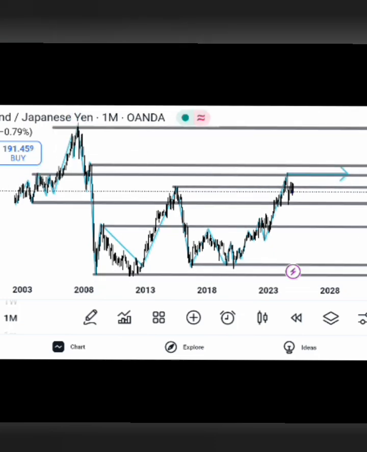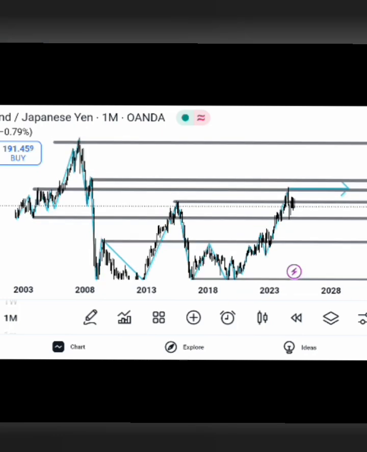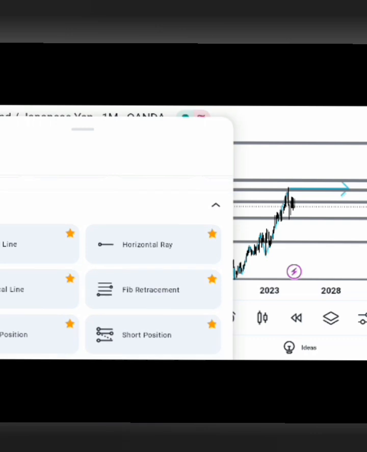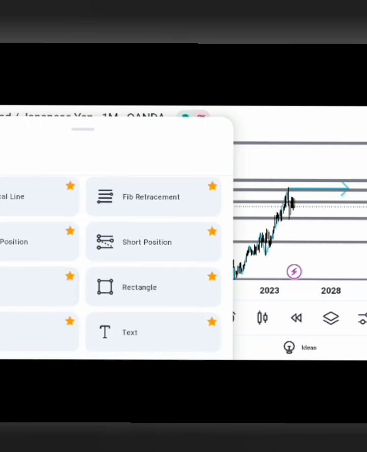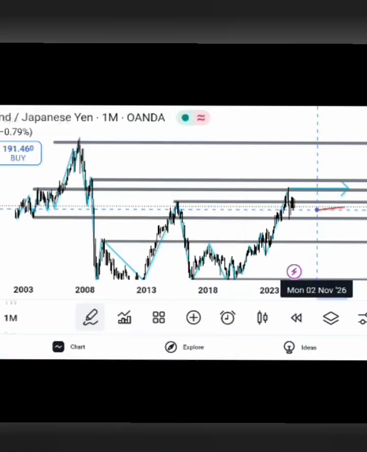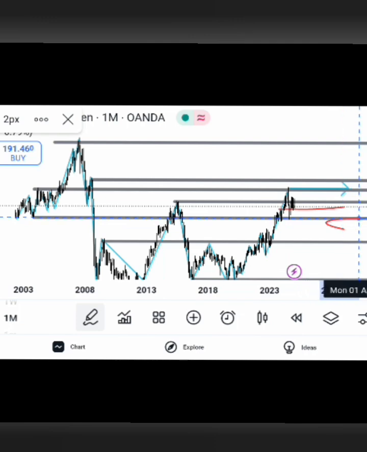So now from this analysis, what can you see? Let's start from here. Let me use the brush. Oh, sorry, let's delete it.